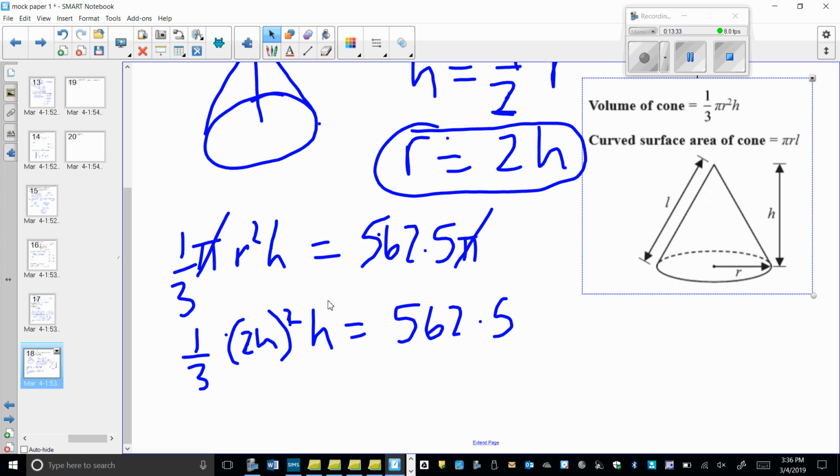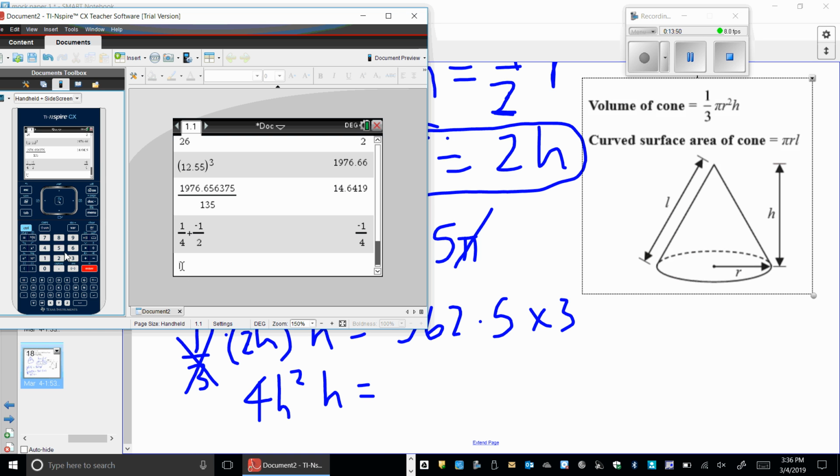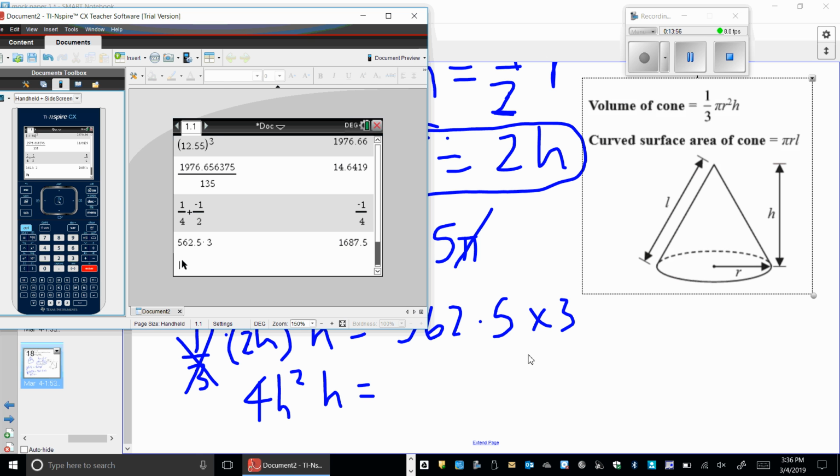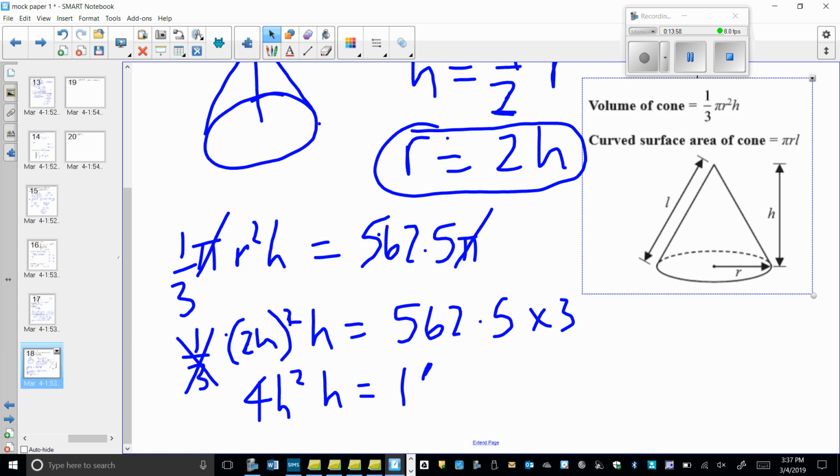I'm going to get rid of my third, so I'm going to multiply this by 3. So that's 4h squared multiplied by h is 562.5 multiplied by 3, which is 1687.5.